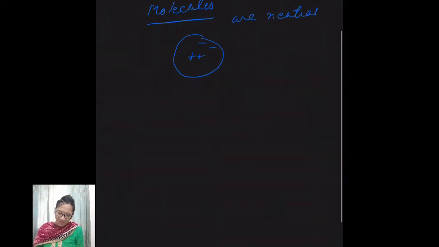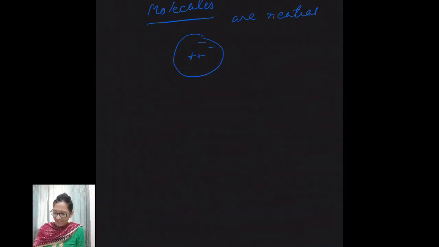Now, if the center of all the positive charges and the center of all the negative charges are separated by a small distance, then they form a dipole.